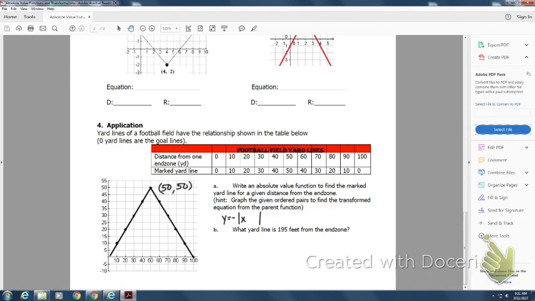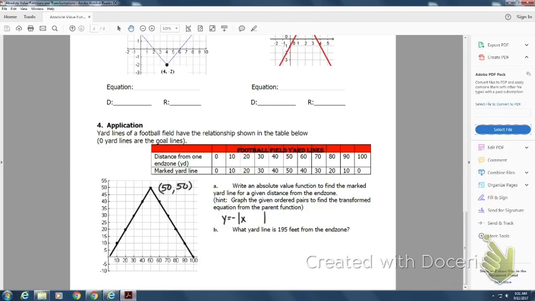Okay, so I got that. Zach, what would be inside the absolute value bar with the X? From the vertex, did it go to the right? Okay, so I'm going to have 50 in there.